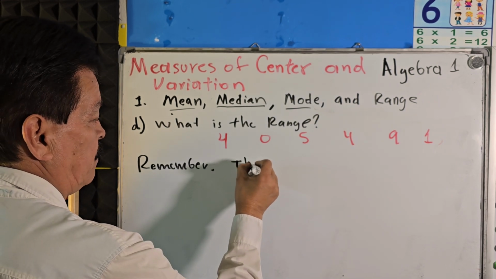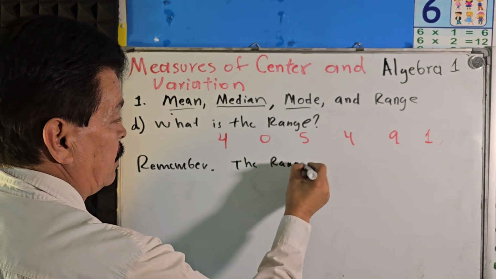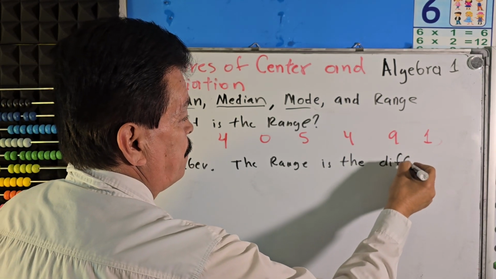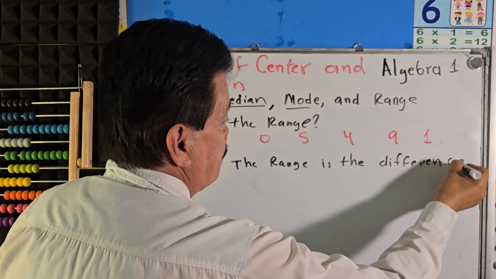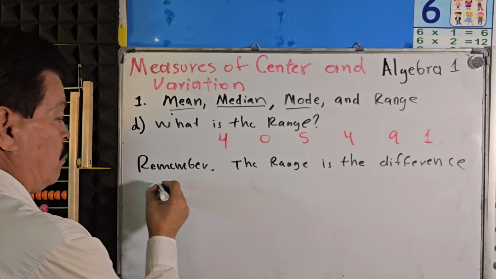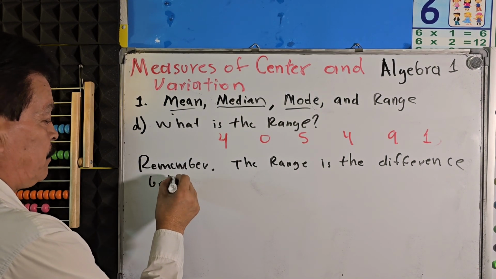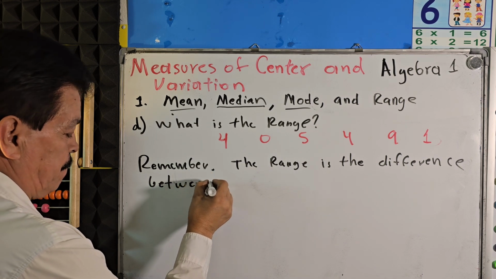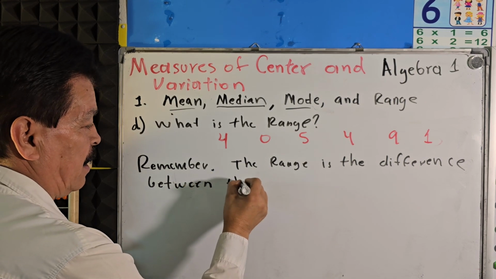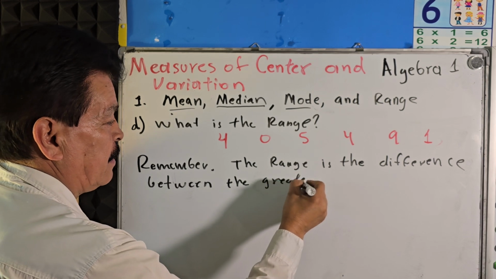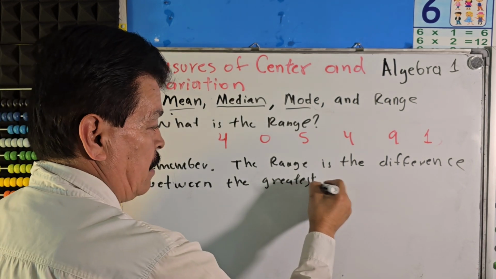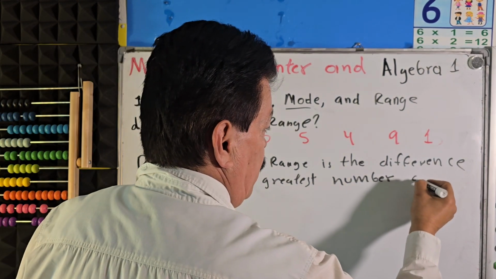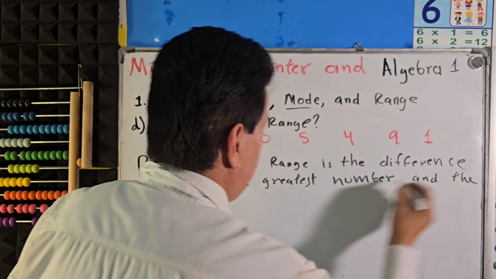So the range is the difference between the greatest number and the least number.